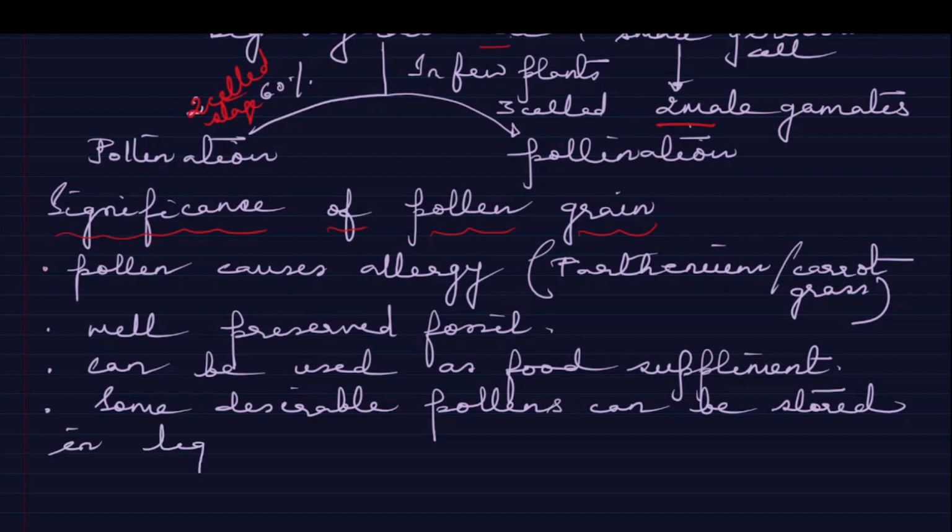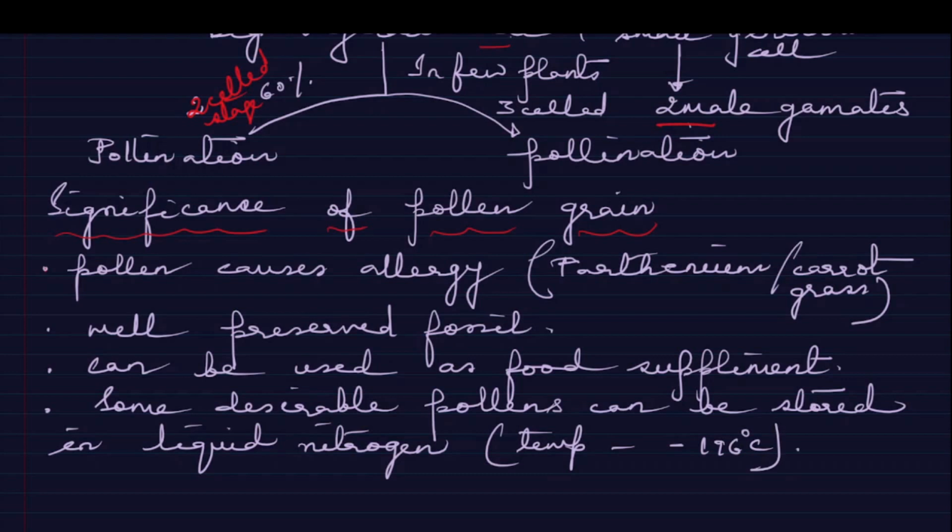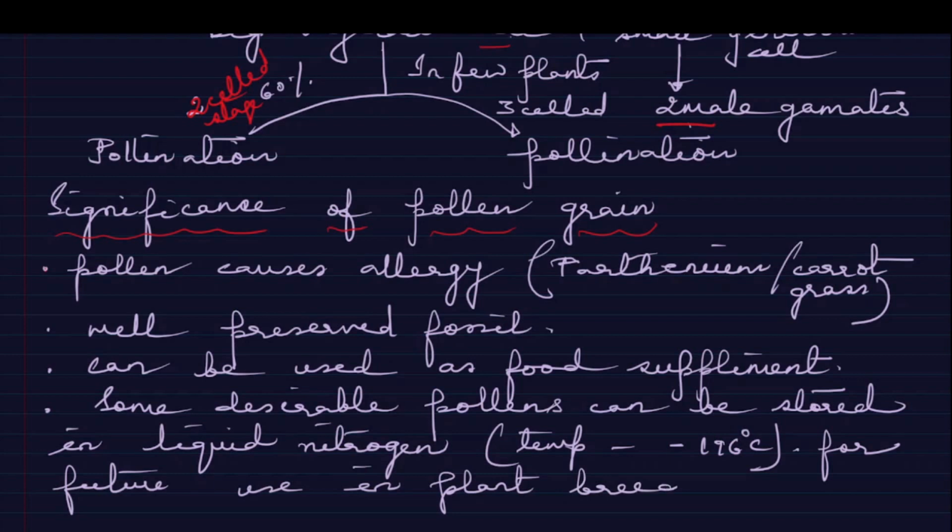In liquid nitrogen, at a temperature of minus 196 degrees Celsius, for future use in plant breeding programs.